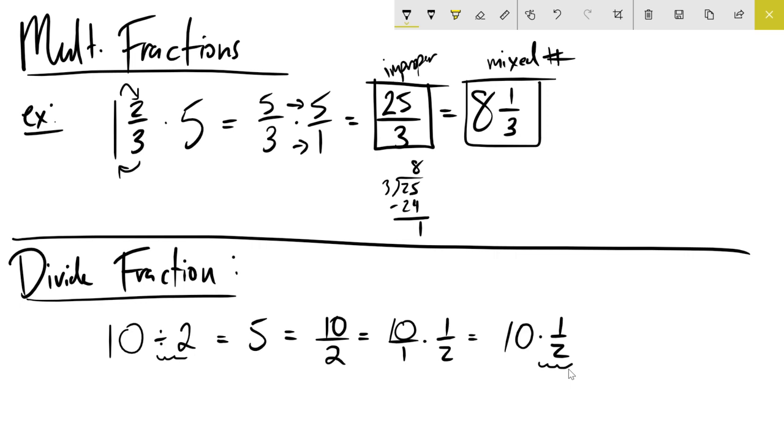What do you notice? This was divided by 2. When we turned it into multiplication, what do we do with this 2? It went into the denominator, right? This is like 10 divided by 2 over 1. So we can rewrite it as a multiplication problem, but then you have to reciprocate, or flip, the fraction.